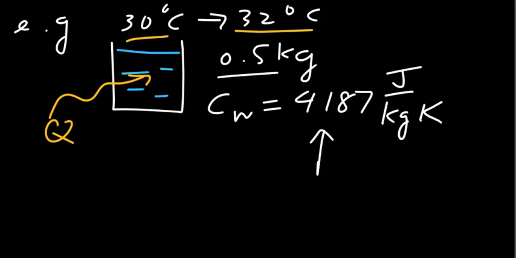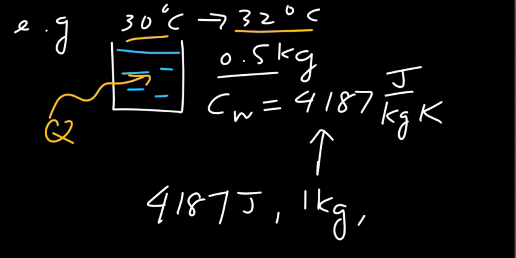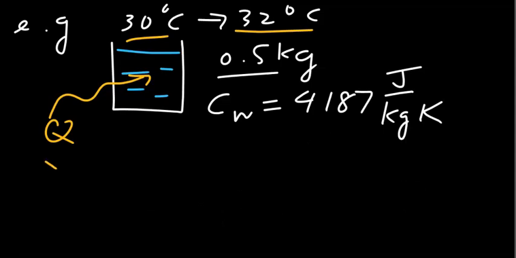That means you need to pump in 4,187 joules of heat in order to increase the temperature of 1 kg of water by 1 Kelvin or 1 degree Celsius.